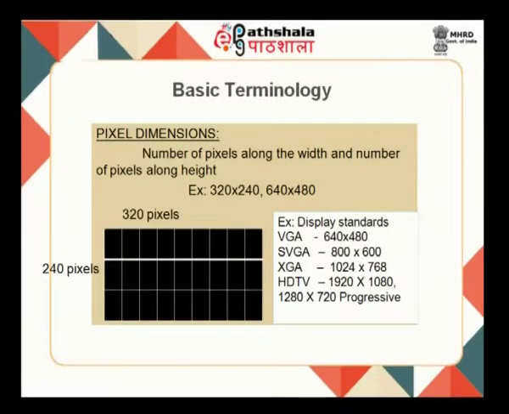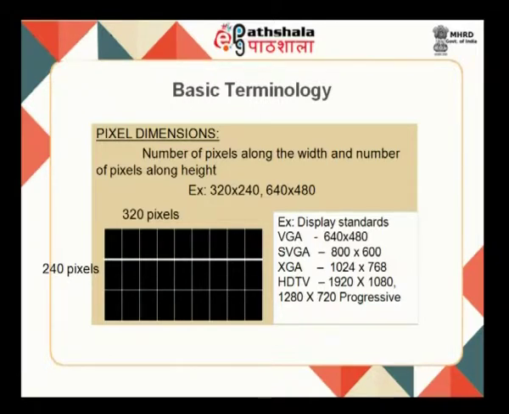In 640 by 480 or 320 by 240, the 320 indicates the number of pixels along the width and 240 indicates the number of pixels along the height. For a rectangular display, generally the number on the left is larger and the number on the right is smaller, indicating that it is a rectangular display.